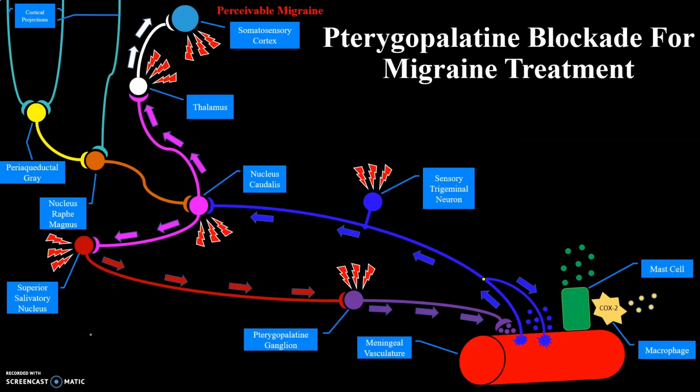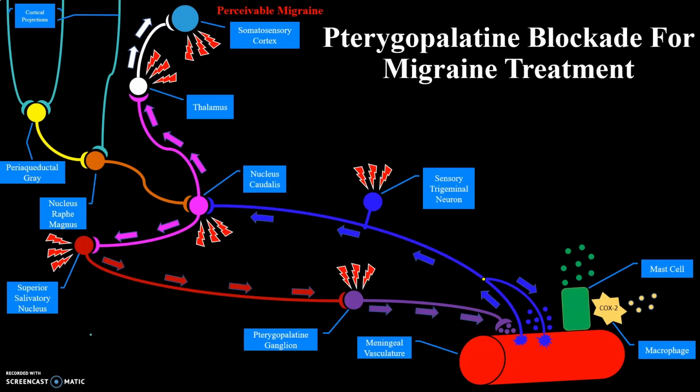Now that we've gone over the different mechanisms behind the migraine headaches and what is thought to be occurring, that self-exciting cycle of more cell signaling leading to more pro-inflammatory messenger molecules being released, and then more inflammation, and round.